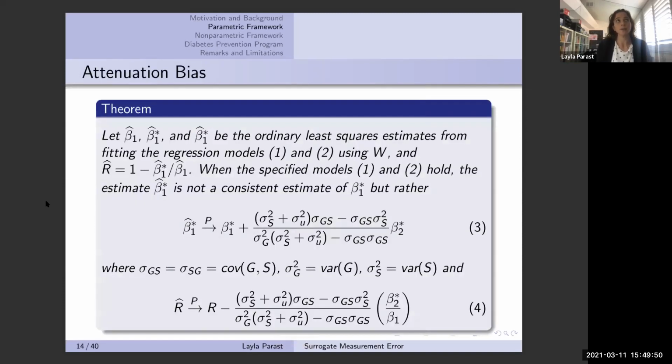Because the way to estimate R just involves those linear regression models, you can just write out exactly what that attenuation bias term is. So you're not getting an estimate of beta 1 star, but beta 1 star plus this attenuation bias term. And similarly for R, you can write out in closed form what that bias term is.